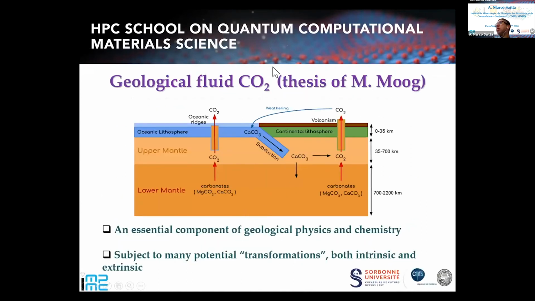This is a quick word about the thesis of my former PhD student, Mathieu Moog. The interest is in the geochemical cycle of CO2 from the inside of the Earth through the atmosphere.